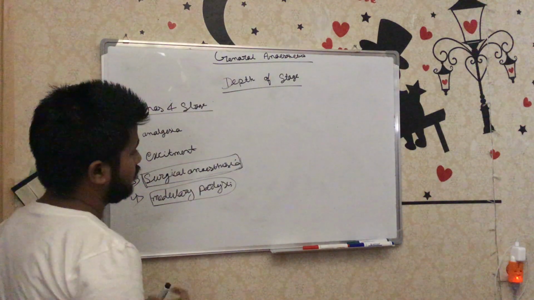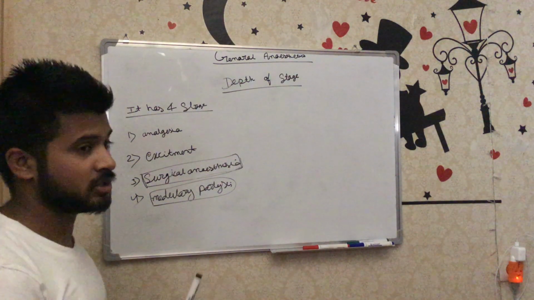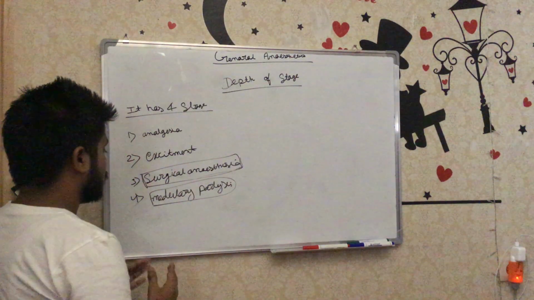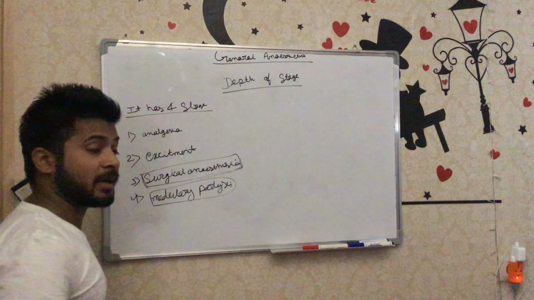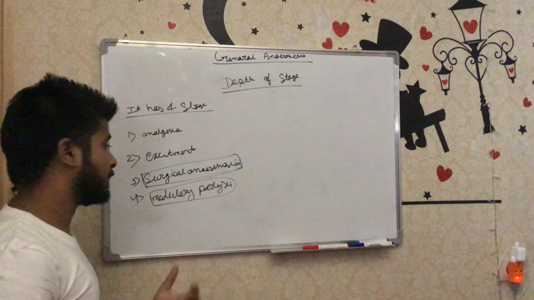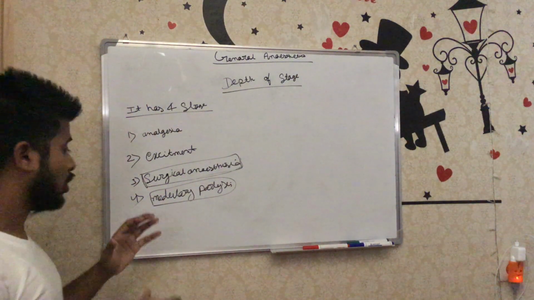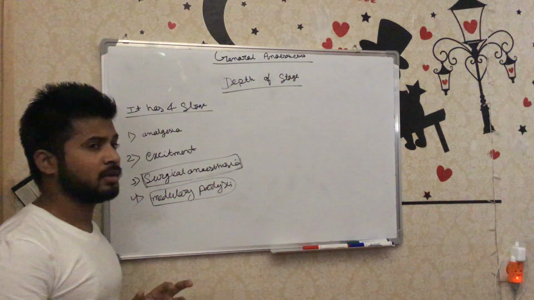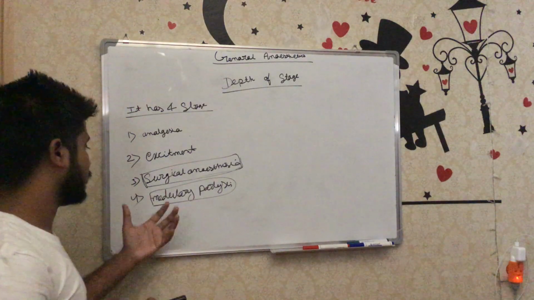If the injected drug concentration is too much and the anesthesiologist makes a mistake, the medulla becomes paralyzed. A lot of functions are generated every second from the medulla oblongata.